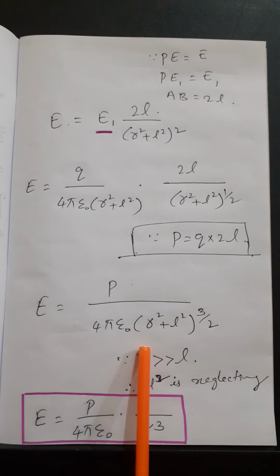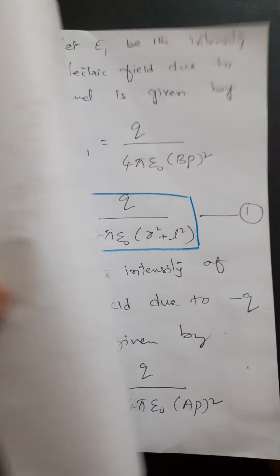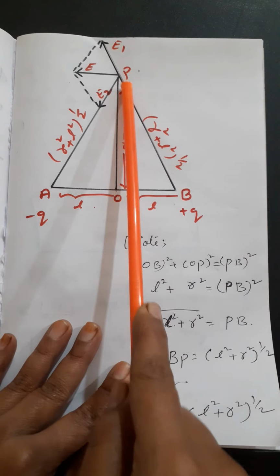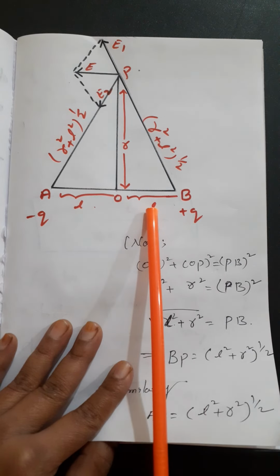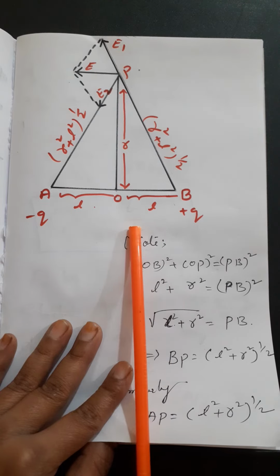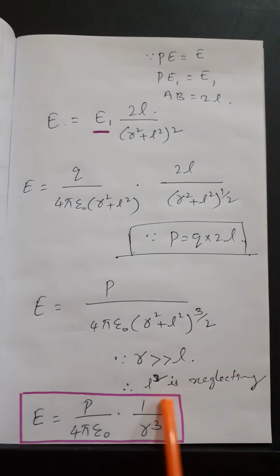We know that r is very much greater than L. So the R value is very large compared to L, and L square is still smaller than R. So we can neglect the L square.